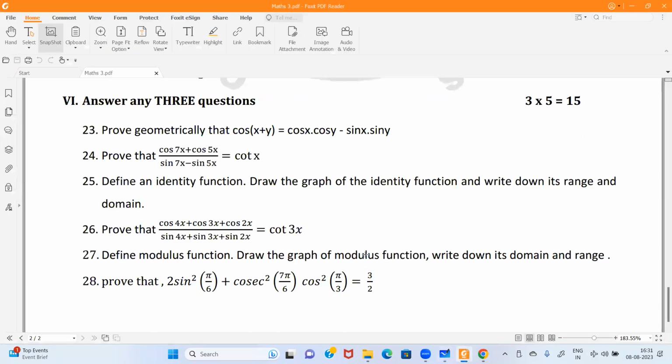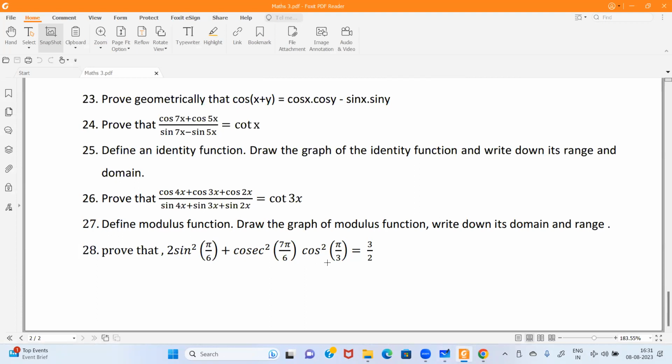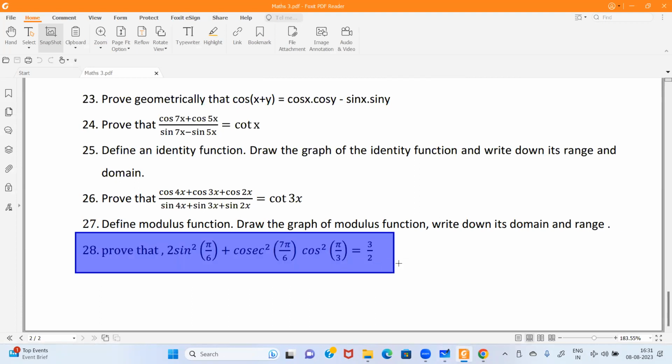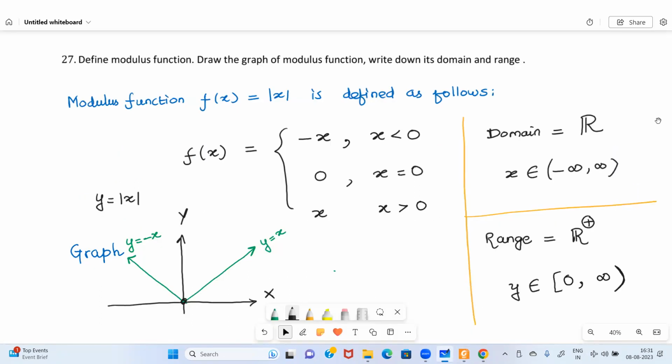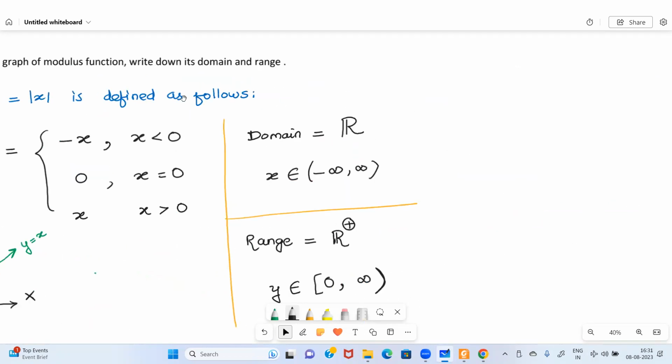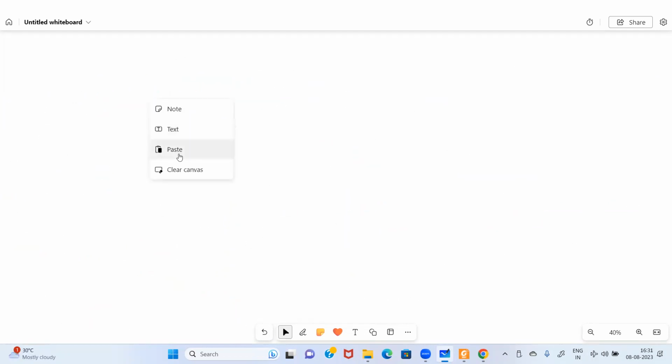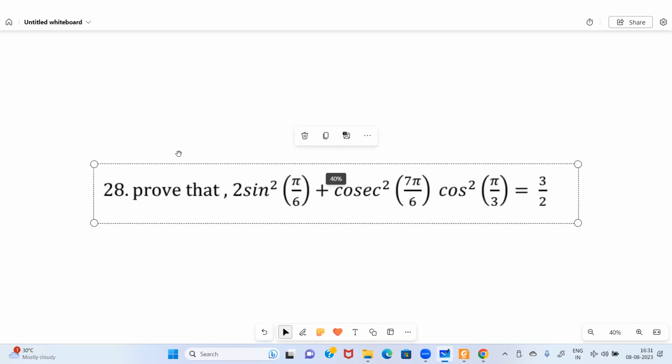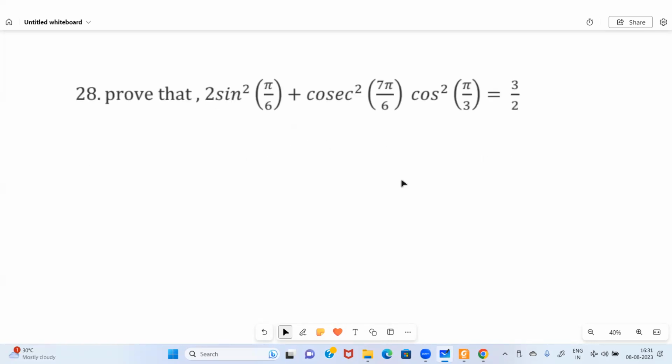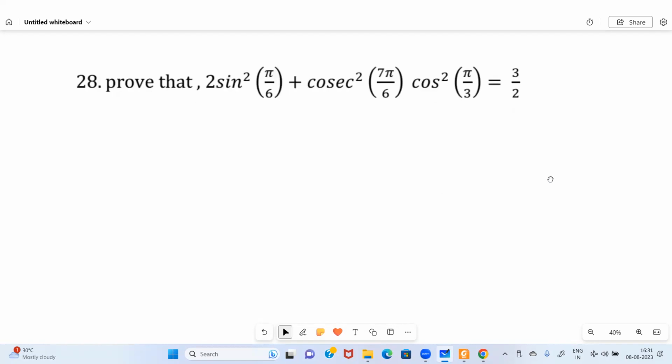All right. Let's move on to the last question of this model paper. Okay, now prove that 2 sine square pi by 6 plus cosecant square 7 pi by 6 plus cos square pi by 3 is equal to 3 by 2.